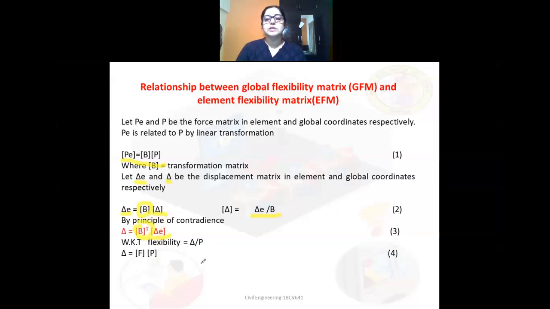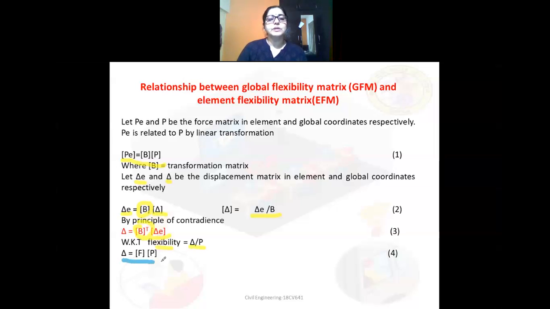We know that flexibility is displacement per unit force. So therefore, displacement is nothing but flexibility into unit force.